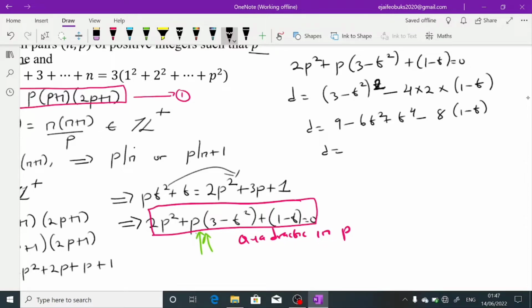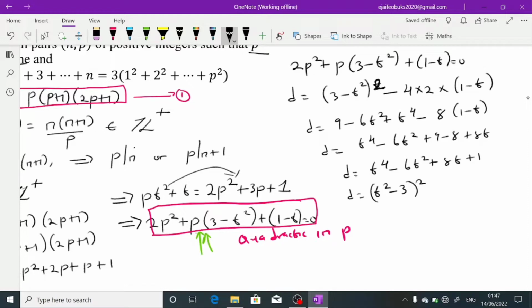So this is t to the fourth minus 6t squared plus 9 minus 8 plus 8t, which is t to the fourth minus 6t squared plus 8t plus 1. I can rewrite this as (t squared minus 3) all squared plus 8t minus 8.